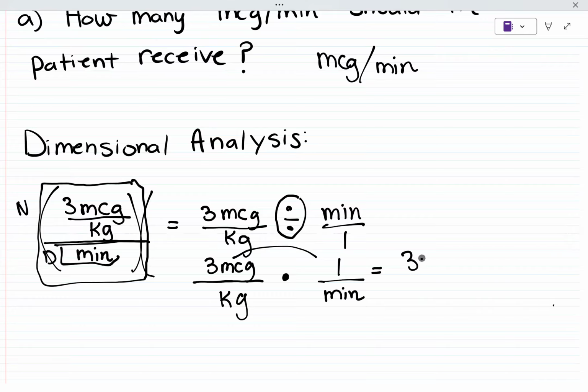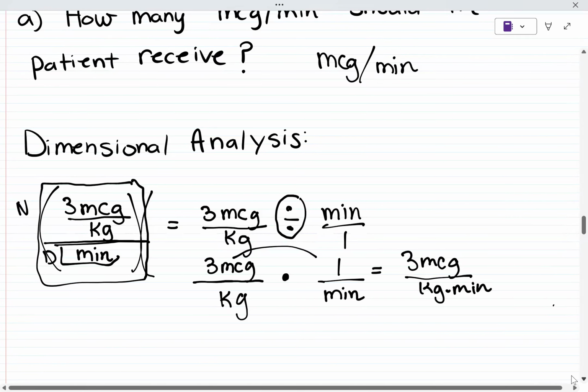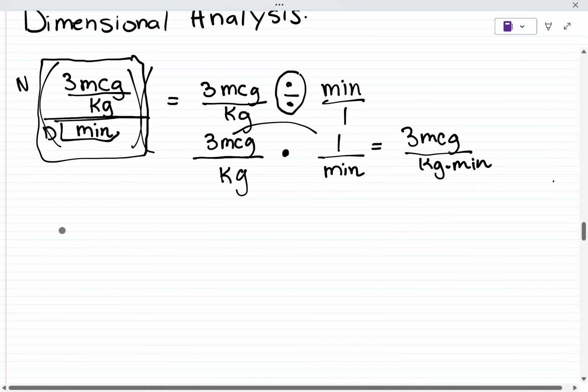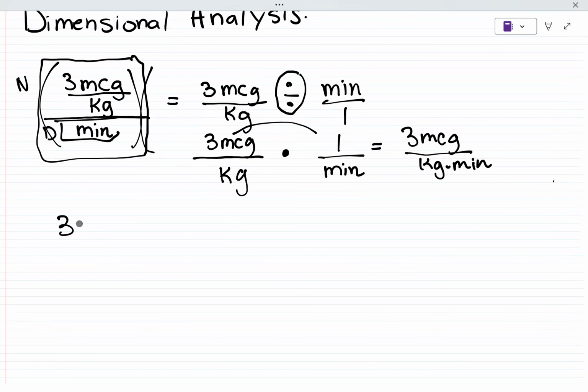It's just 3 mcg. What is kilograms times minute? It is just kilograms times minute. That's going to be much easier now. So this simplifies as 3 mcg over kilograms per minute.